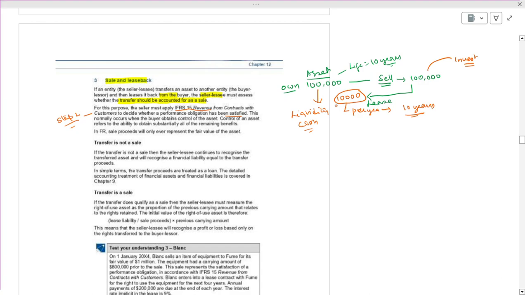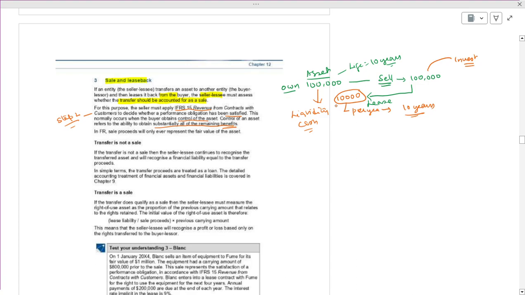This normally occurs when the buyer obtains control of the asset. You are transferring the control to the other party. Rights and ownership will be transferred. Control of the asset refers to obtaining substantially all the remaining benefits.